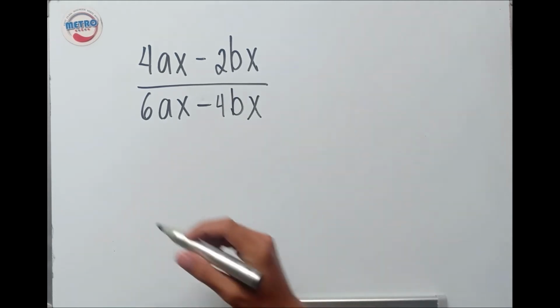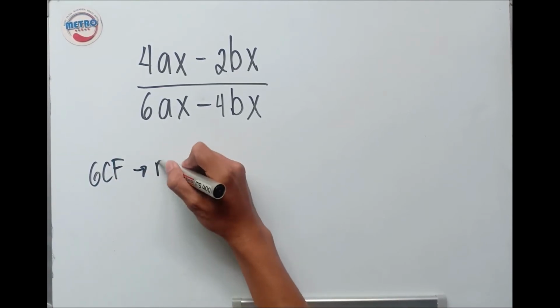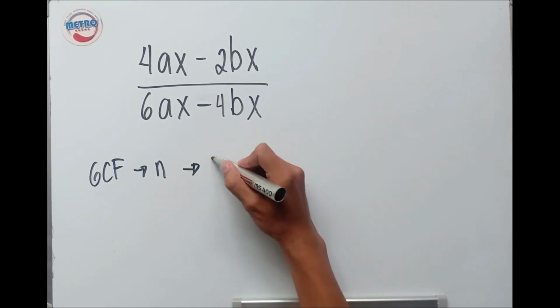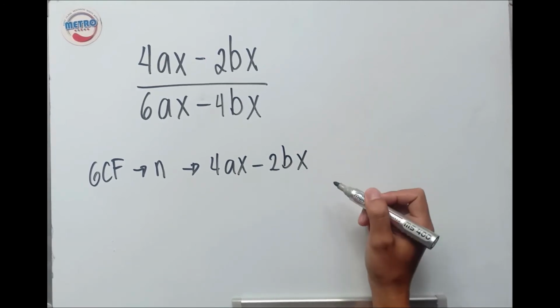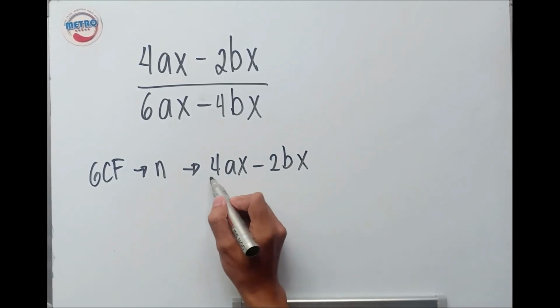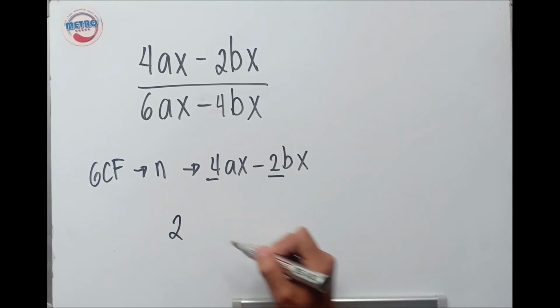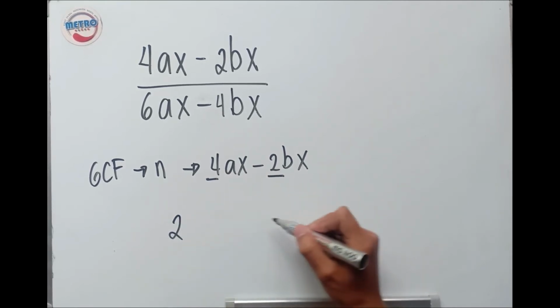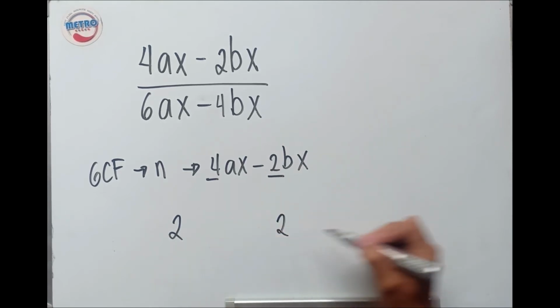We have to find first the greatest common factor of our numerator. For our numerator, we have 4ax minus 2bx. 4 and 2 have a greatest common factor of 2. Then 4 divided by 2 is 2, and 2 divided by 2 is 1.